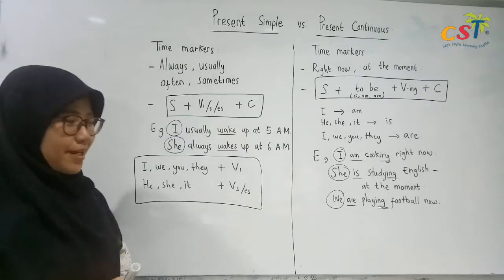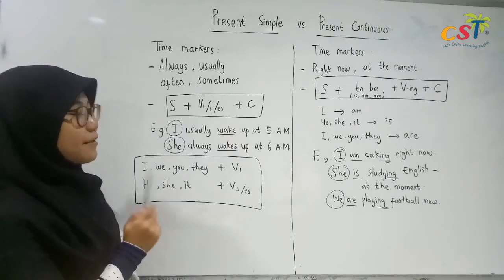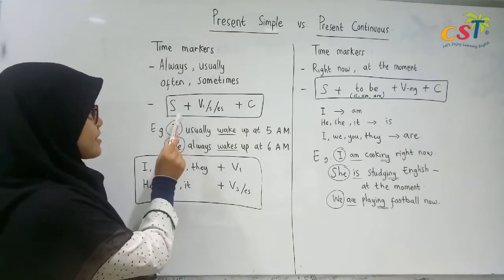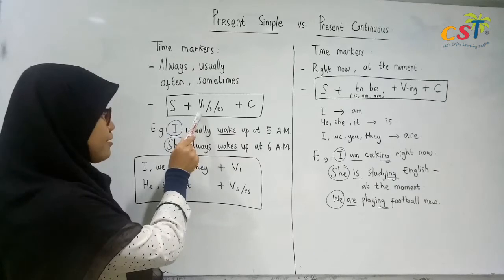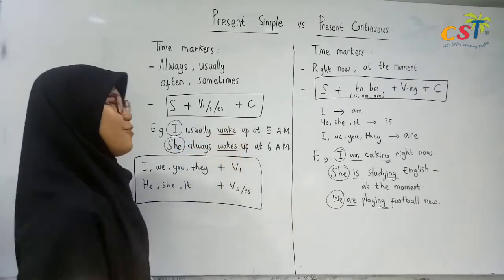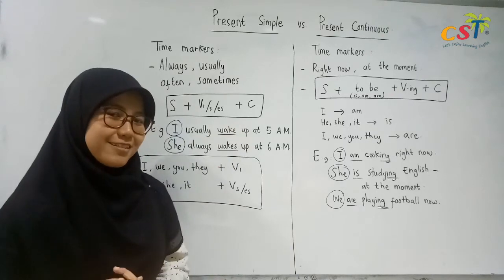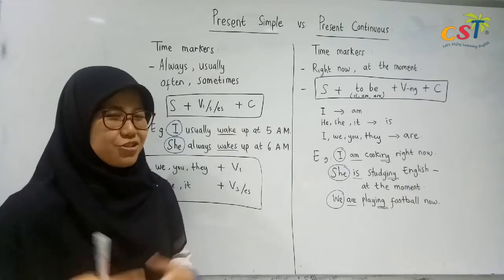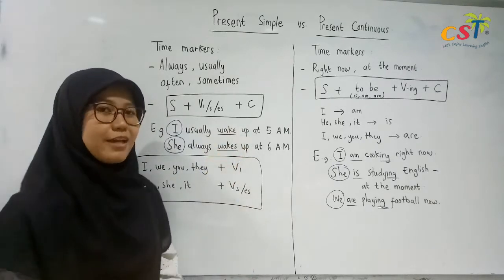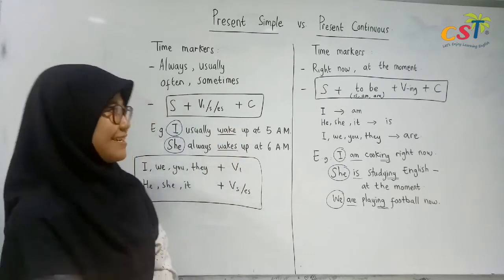Now let's take a look at the pattern. If you want to make present simple sentences, follow this pattern: subject, verb 1, verb S or ES, followed by complement. Complement can be object, like table, chair, books, and it can also be adverb of time, adverb of place, and so on.